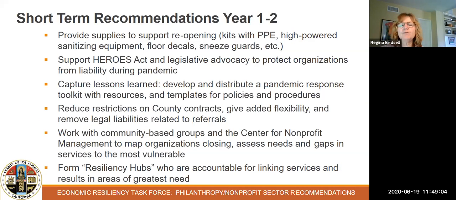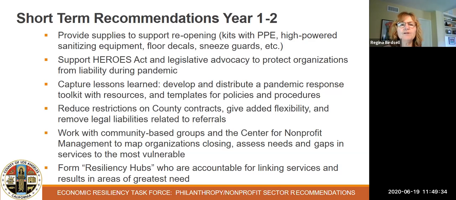So some of this is going to be redundant with things that we talked about, but in the way that the supervisors wanted to see short-term and long-term, we tried to divide up things that we'd like to see immediately versus things that we'd like to see in the next 3 to 5 years. So one of the things that came up was this idea of reopening kits, that if the county could help secure some of the group buying and then help us get started with PPEs, high-powered equipment, floor decals, sneeze guards.